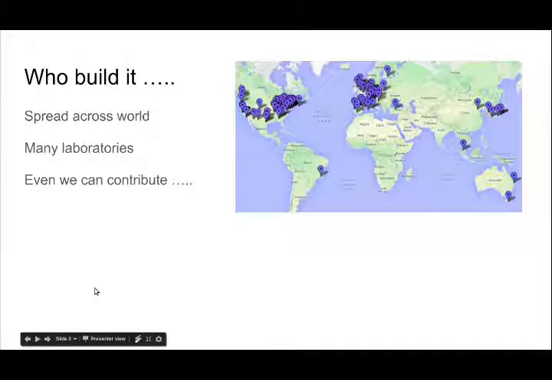So who built it? ROS is so easy and so spread across, but who actually built it? The answer here is there's no single person or company or enterprise behind this software.